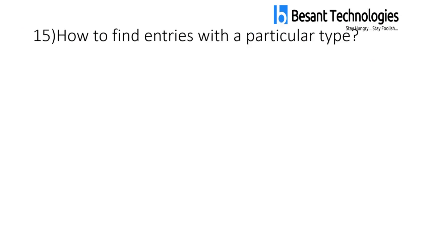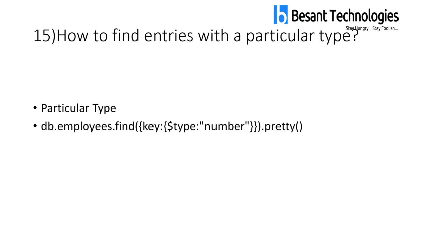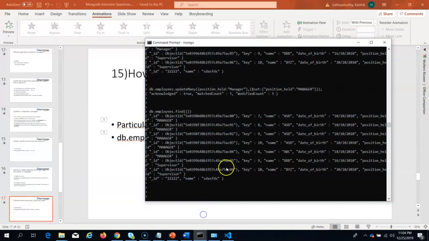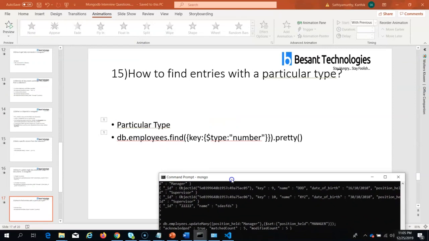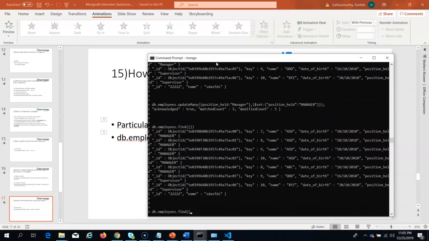And now there is another case where I want to find by type. I want to find where all keys are numbers, something like this based on the data types. For that you have to use dollar type.